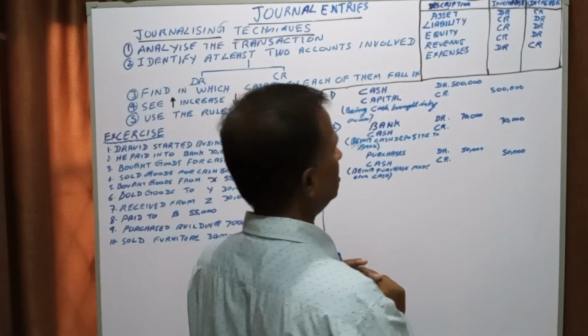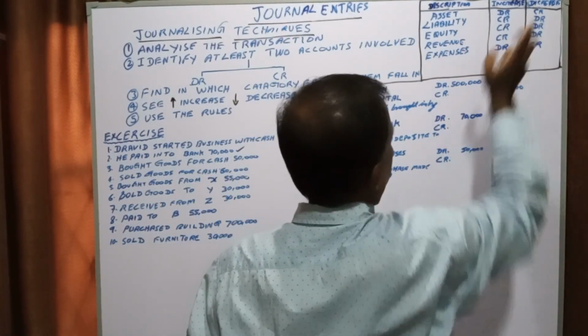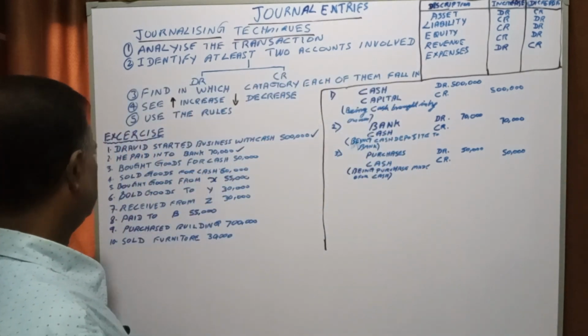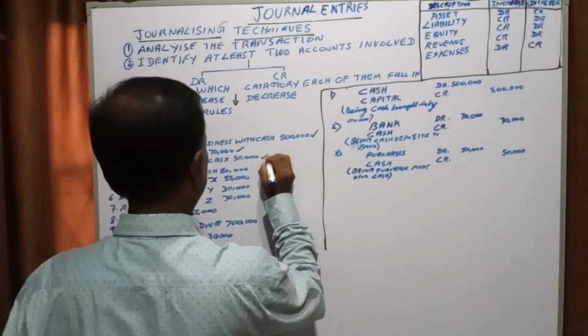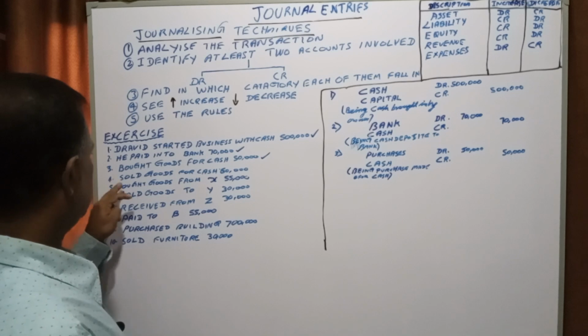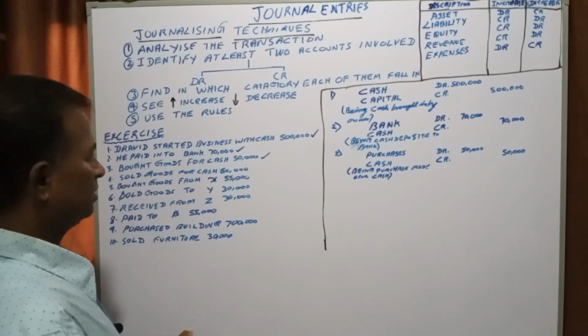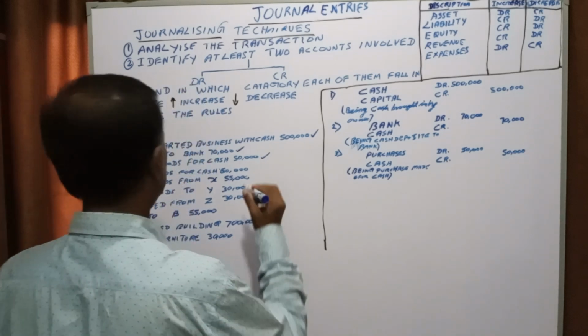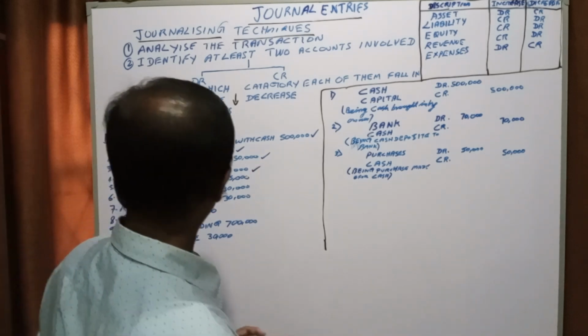If the assets is decreasing, it has to be credit. Okay. Third adjustment also okay. Now we will say fourth adjustment, sold goods for cash at 60,000.